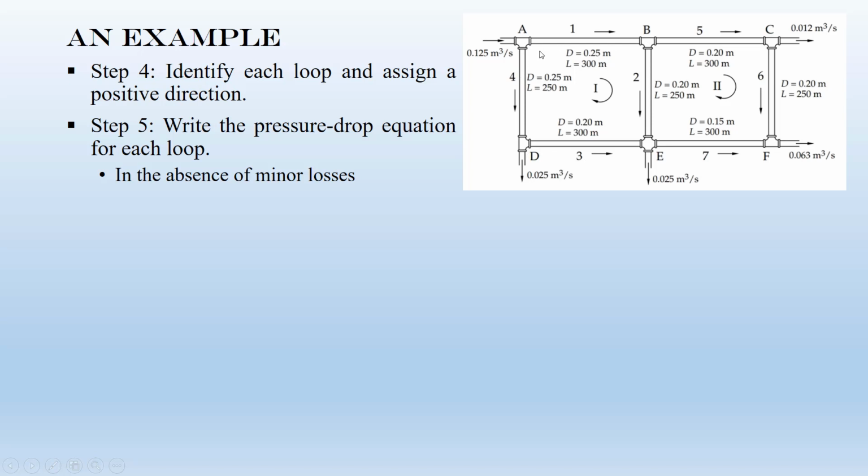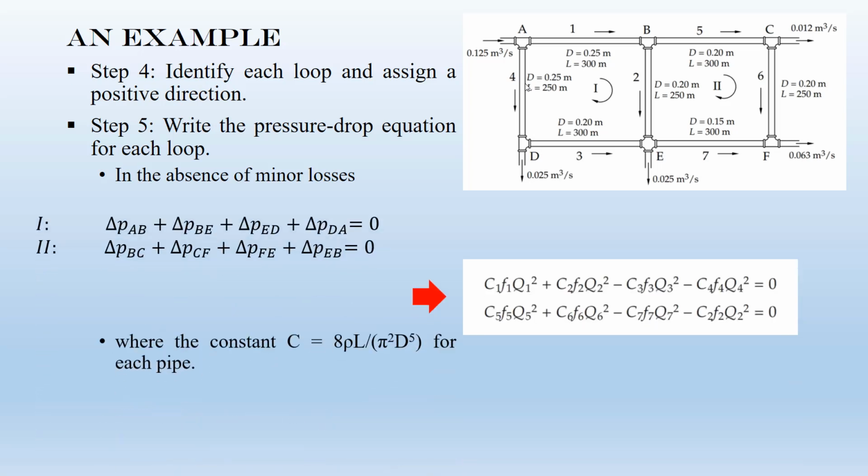Or you can write plus C1 F1 Q1 squared plus C2 F2 Q2 squared minus C3 F3 Q3 squared minus C4 F4 Q4 squared equals to 0, correct?